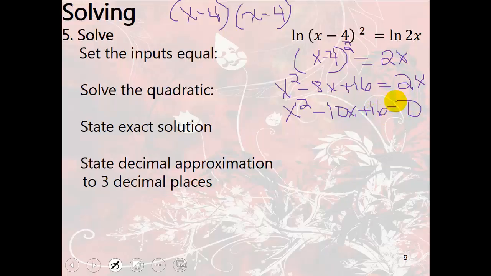You can use the quadratic formula on this. I like to factor, so I would opt for factoring. So I would write this as x squared minus 8x plus negative 2x plus 16 equals 0. I would group and factor out the common factor.